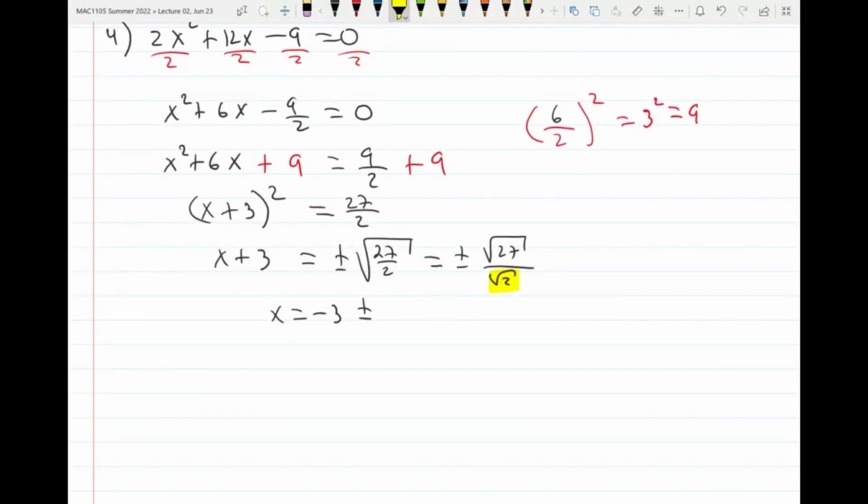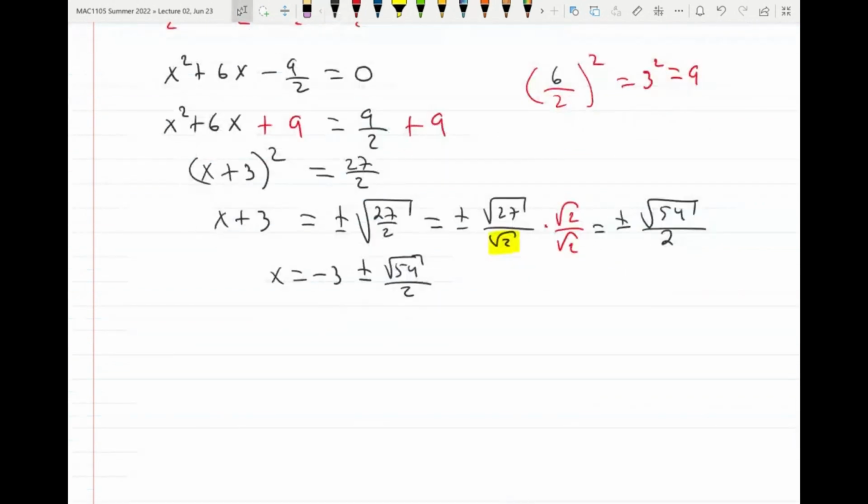So multiply top and bottom by square root of 2. This process is called rationalizing. So this becomes plus or minus the square root of 54 over 2. Okay? All right, so that's what I'm going to put here. So square root of 54 over 2.